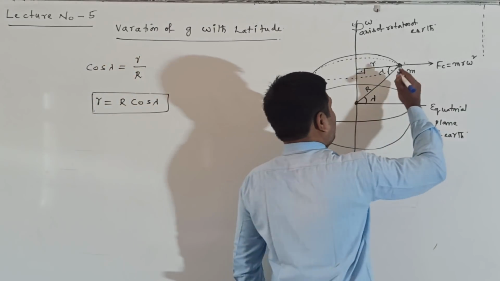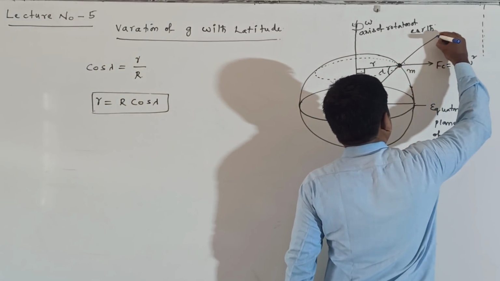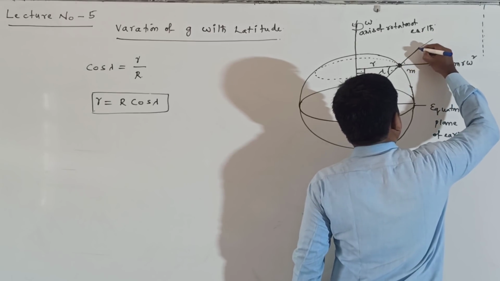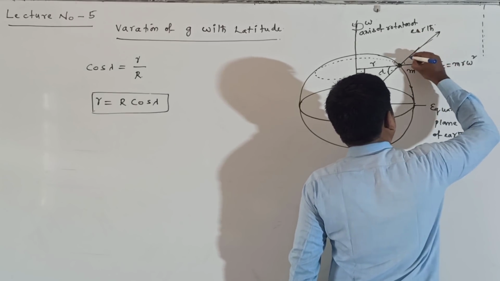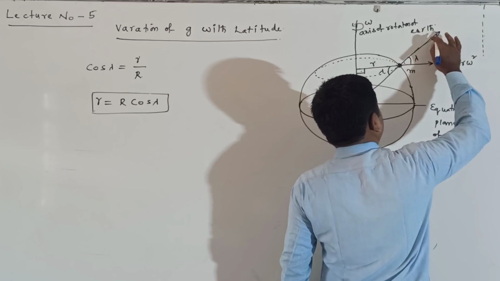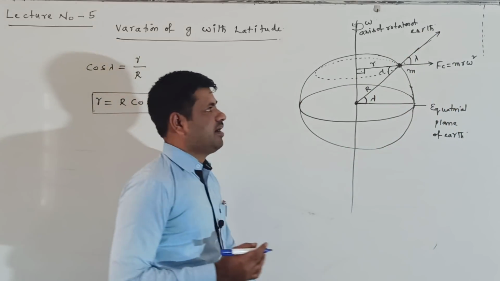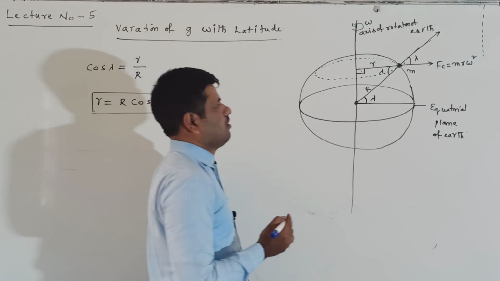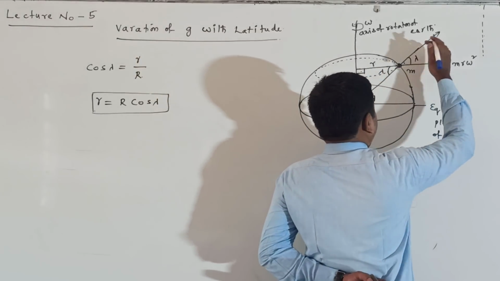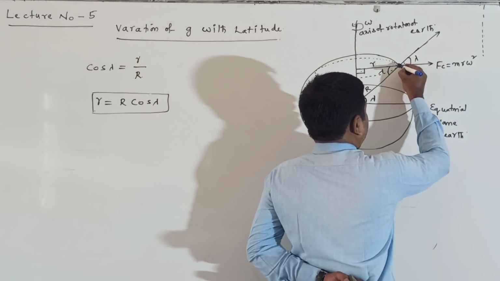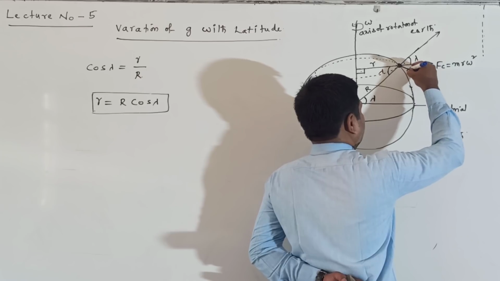Now this angle is lambda, so I am extending this line. Here also the angle is lambda. So I divide this Fc into two components, a vertical component and a horizontal component.